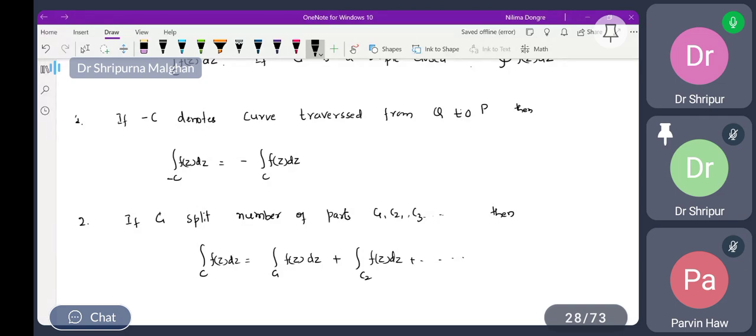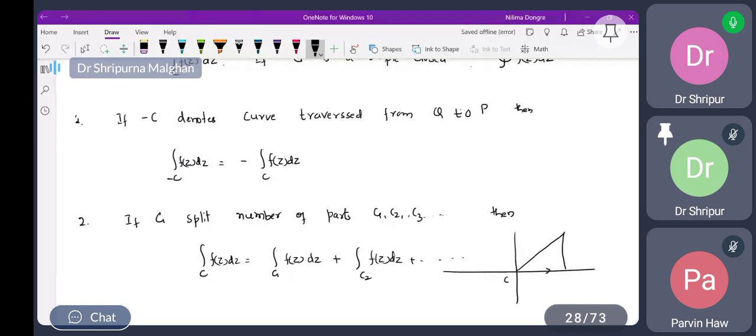For example, I am drawing here, you can understand that. So I have, say, a triangle like this. We want to evaluate a given function along the path going from here to here.